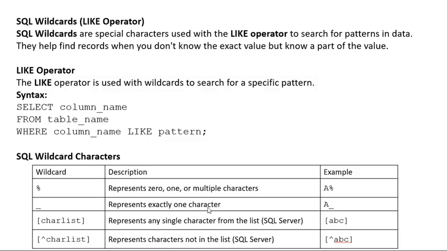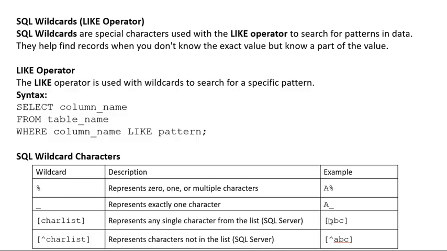exactly one character, so after the underscore, exactly one character has to follow. And the character list, with square brackets, represents any single character from a list in SQL Server.